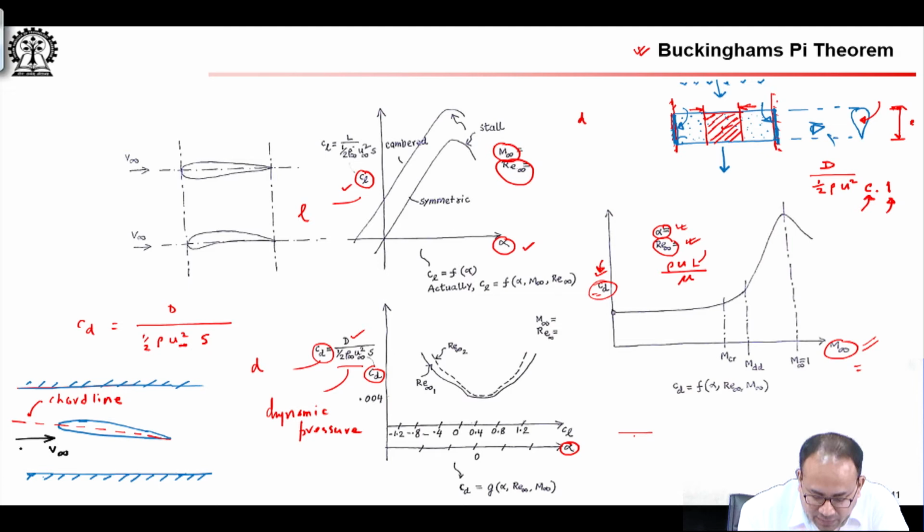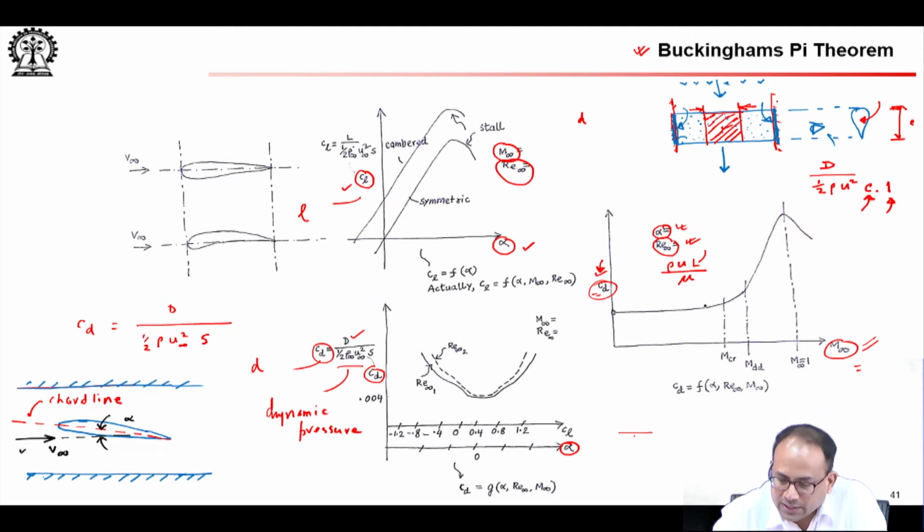Nonetheless you know what V infinity is, and the angle between the relative wind and the chord line is the angle of attack. These definitions are important.